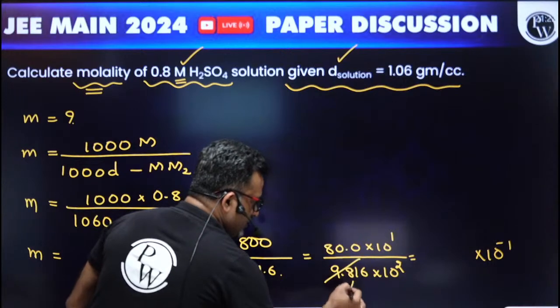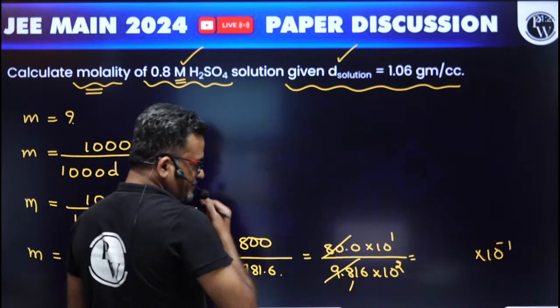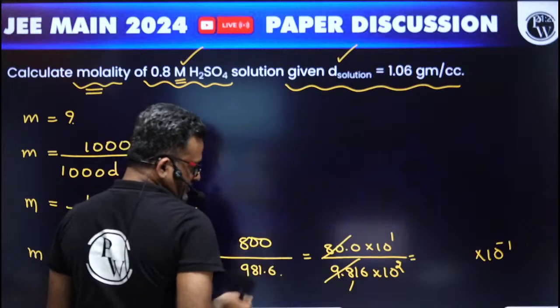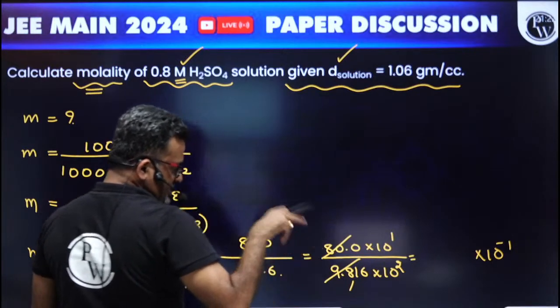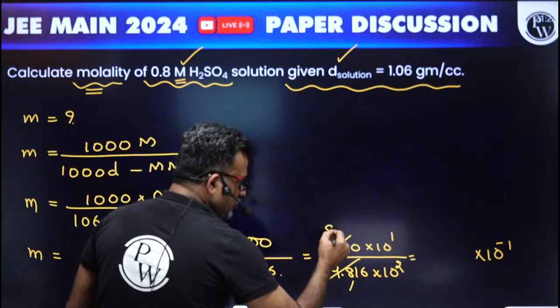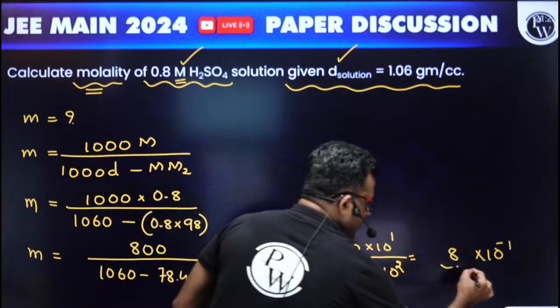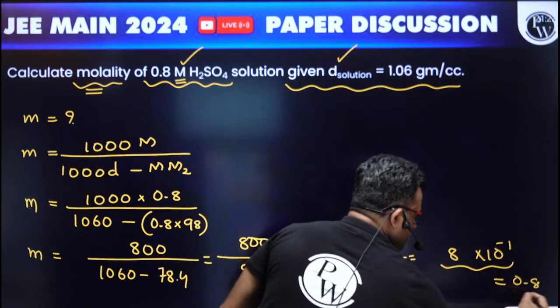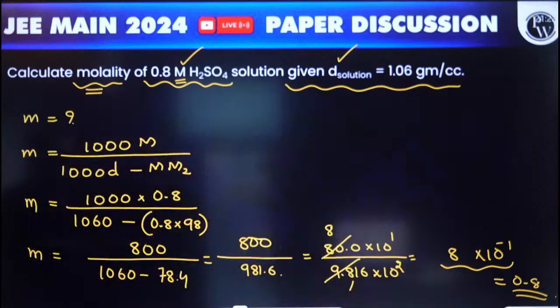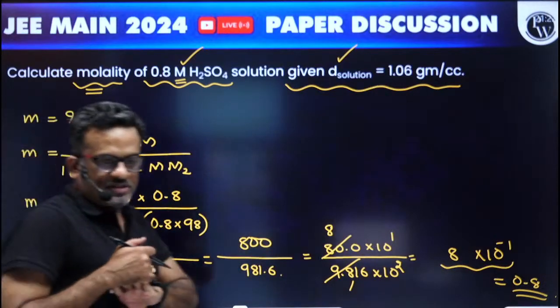So 9.8 ones are 9.8, 10 is 98. 9 is about 90, 8, I would go with 8. 8 into 10 raised to minus 1 is nothing but what? About 0.81 or 82 it may come up to. Is that clear, students?